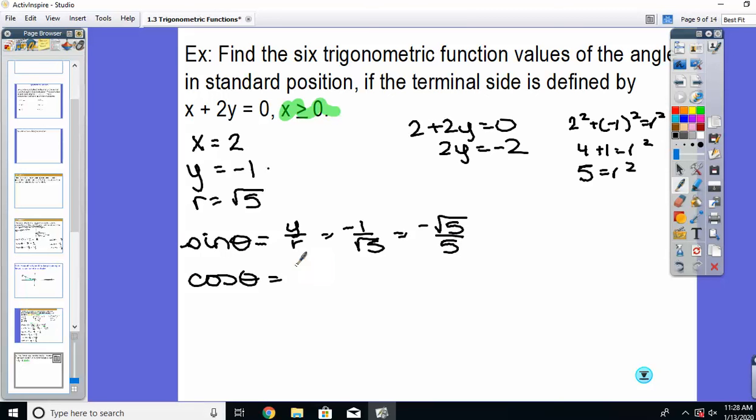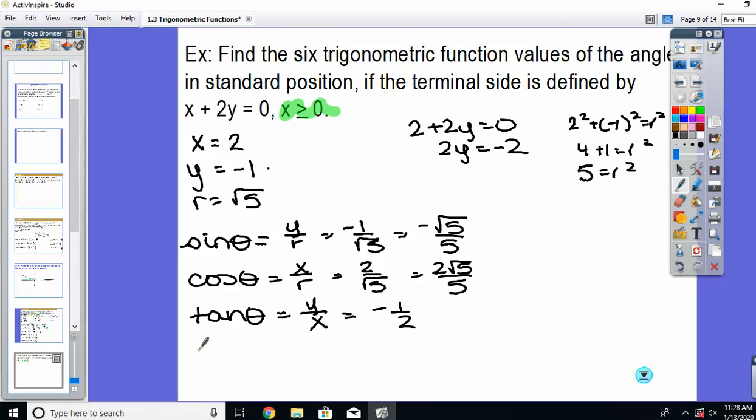Cosine is x over r, so 2 over radical 5 or 2 radical 5 over 5. Tangent, y over x, so -1/2. Reciprocal of sine is cosecant, so r over y. I wouldn't recommend flipping at the end.